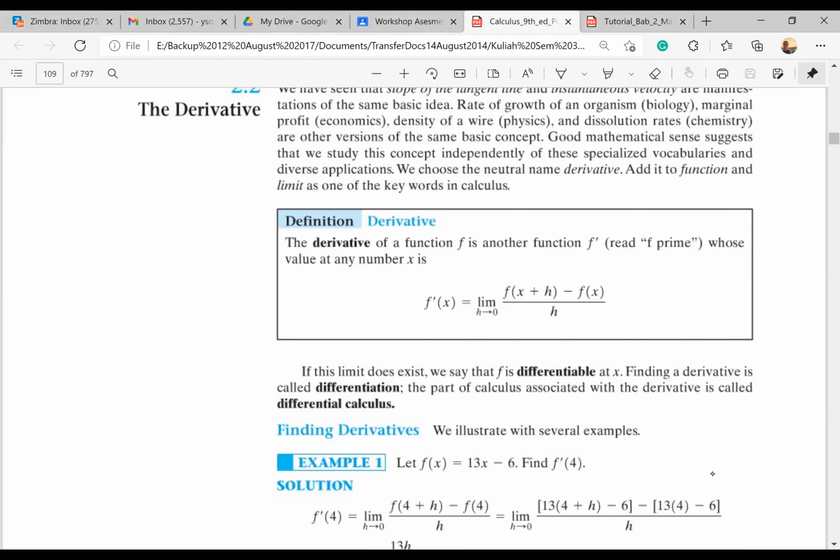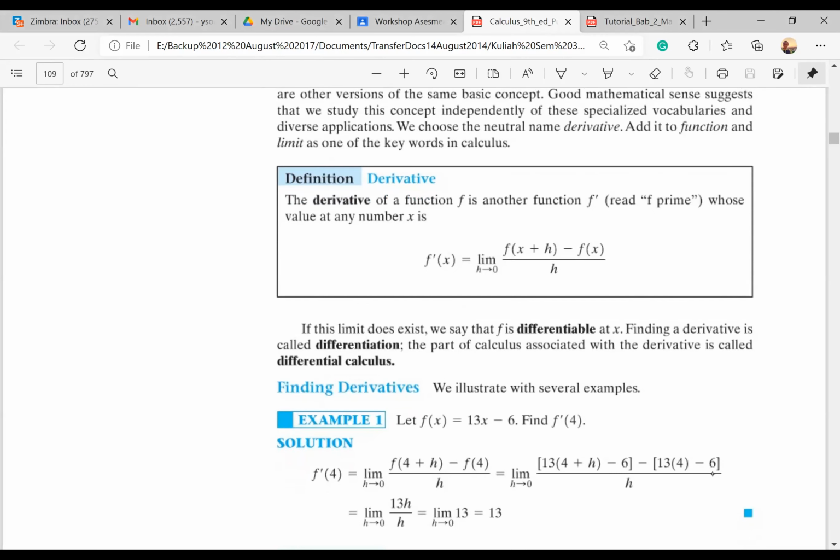Let's do a couple of things. What we did last time is defining what a derivative is. The derivative is this limit. In this kind of computation, you find the instantaneous velocity, if you're talking about mechanics and physics.